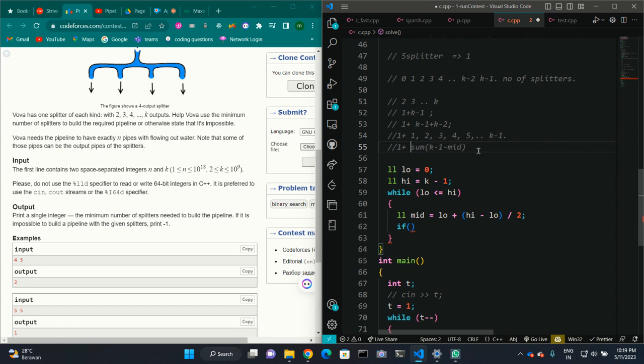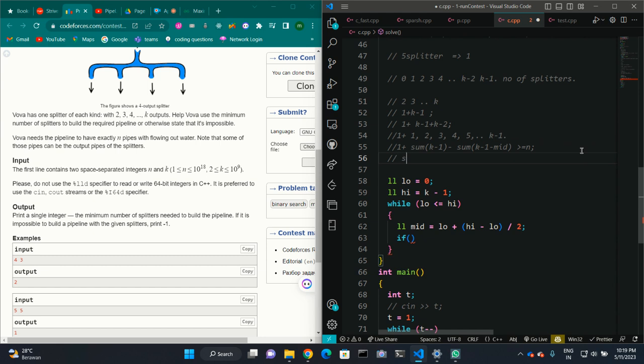Subtract this from total. Total means sum of k minus 1. So it should be greater than or equal to n. That is the condition. And we know 1 plus sum of k minus 1 directly, we already calculated it. So why should I do it again? Greater than or equal to n.